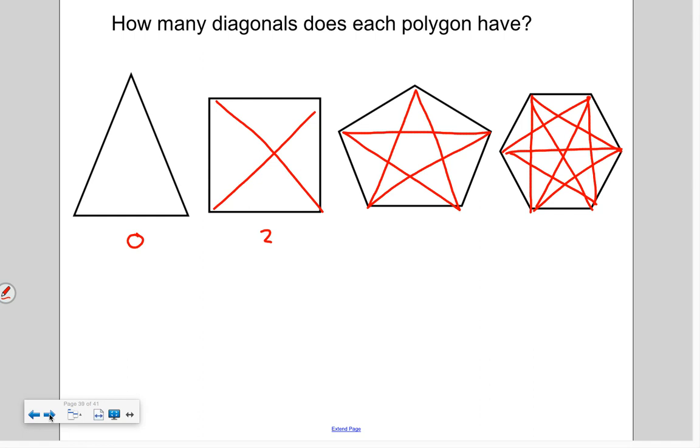Yep. Okay. So we are going to talk about this and what the pattern will be, because there's actually a little formula that you can use to find the number of diagonals in a polygon.